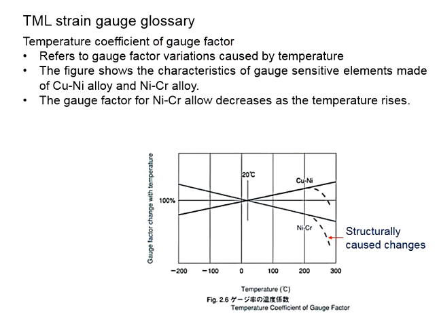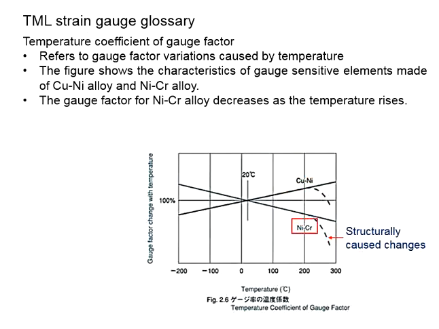You may acquire the reading directly from the data logger based on the gauge factor given by the strain gauge. Now, if you are testing the specimen at other than 20 degrees Celsius, there will be variations in the gauge factor as given by the two different alloys.